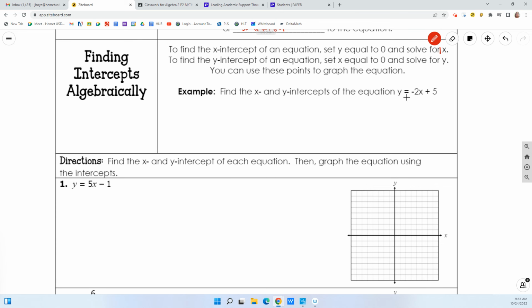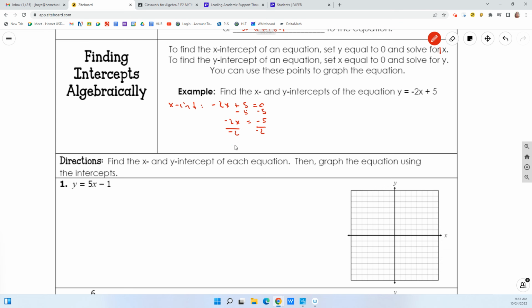So if we looked at this equation right here, y equals -2x + 5, and I wanted to find the x-intercept, I'm going to set y equal to 0. So I'm going to have -2x + 5 = 0. And then I can find the x-intercept just by solving that out, right? I'm going to subtract the 5, and I get -2x = -5. And then I can divide out that negative 2 that's being multiplied to the x.